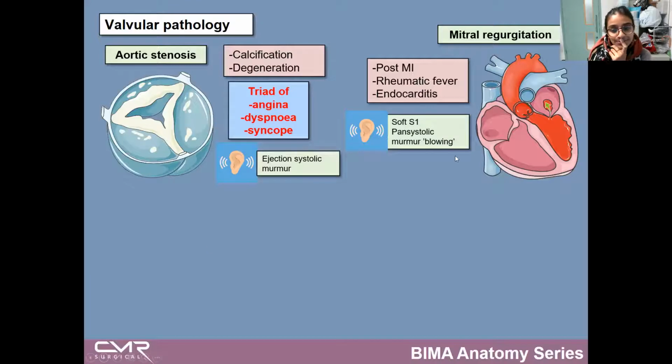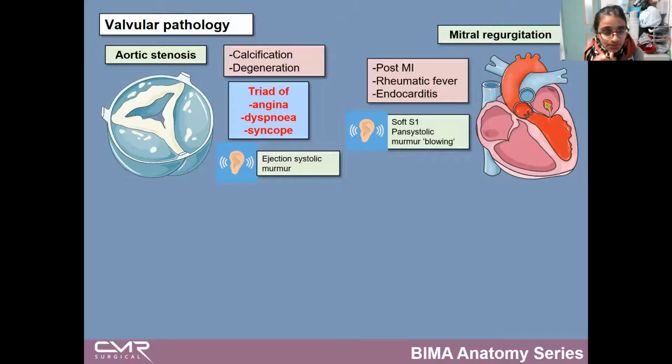And what sounds would you hear? It's a soft S1 and a pan-systolic murmur. If you think about it logically, you can answer these questions yourself, because the closure of the mitral valve is what causes S1. So if your mitral valve is not closing properly, you're going to get a soft S1, aren't you?